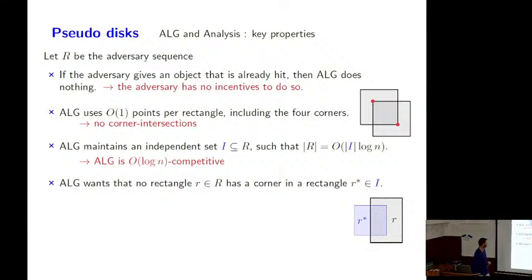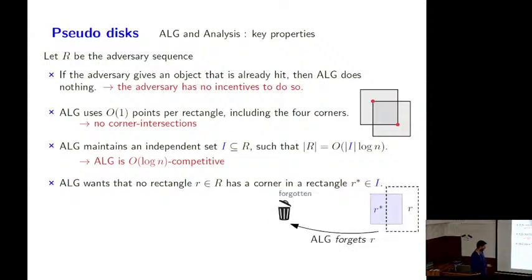Another thing that we want is that each rectangle that is not in the independent set, the black one, never contains a corner of a blue rectangle, of a rectangle in the independent set. I will explain why it's a useful property. But we cannot really ensure this. So if that happens, we will trash this rectangle. We will forget this rectangle.